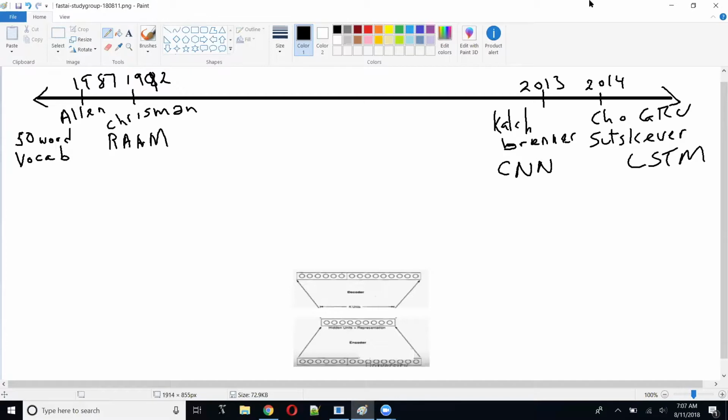That's when the really good results came. And besides the use of these GRU and LSTM units, the more recent stuff that they've added in the past couple of years is something called attention.